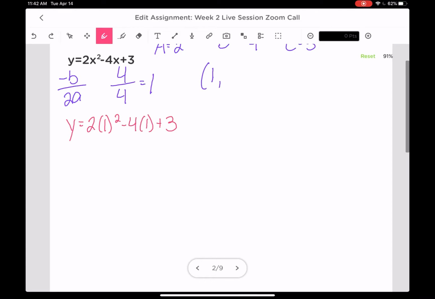So 1 squared is 1 times 1, times 2 is 2. Minus 4 times 1, so that would be minus 4, and then plus 3. So y equals 2 minus 4 is negative 2. Negative 2 plus 3 is positive 1. So I know that the y value of my vertex is also positive 1.